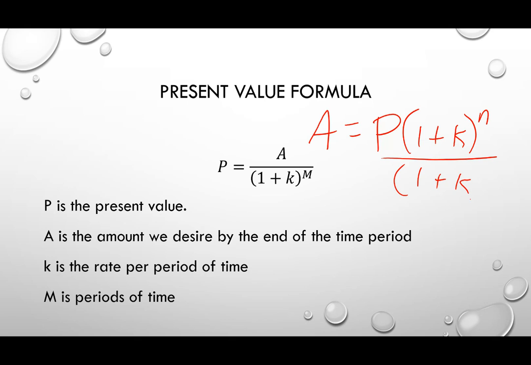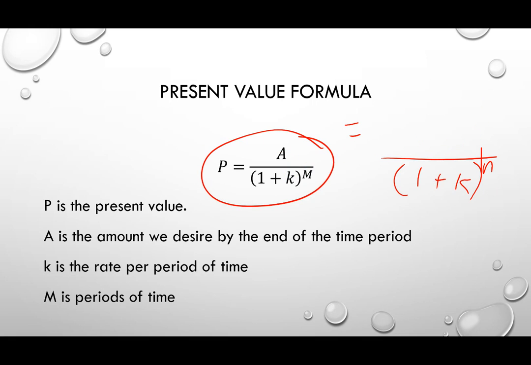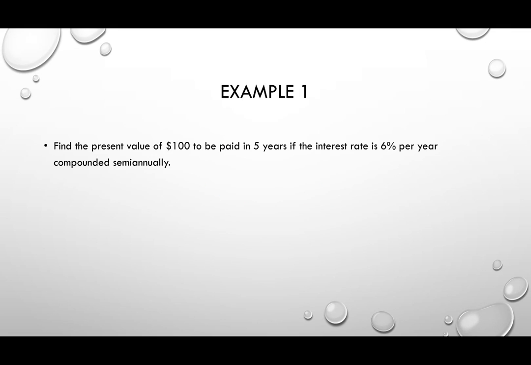You can divide by all of this to cancel it out and put it onto this side, 1 plus K to the N power, which is where you get the formula that's here. It's just isolating the P value, the present value or principal amount. So it's not too far-fetched from what we were doing in section 1. It's the opposite of what we did in section 1.